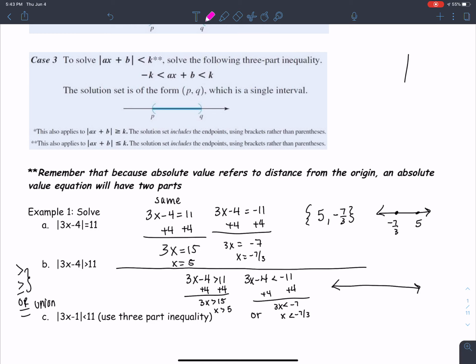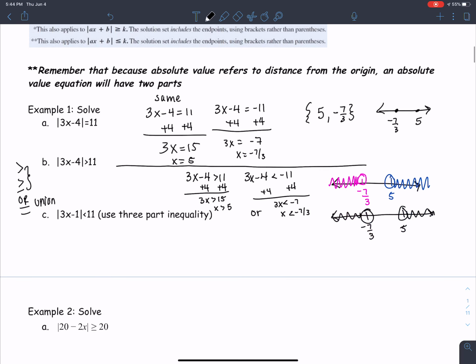I'm going to use two different colors here. So I've got -7/3, open circle, less than, and then I've got 5, open circle, greater than. An or is a union. That means I take everything. So if you want to graph it so you know you're taking everything, you would do -7/3, open circle, and everything's going to be black here.